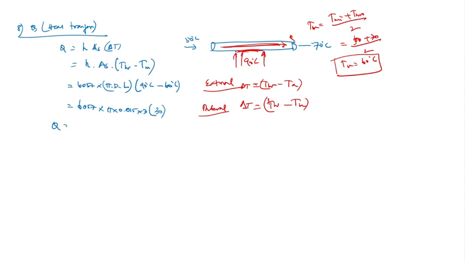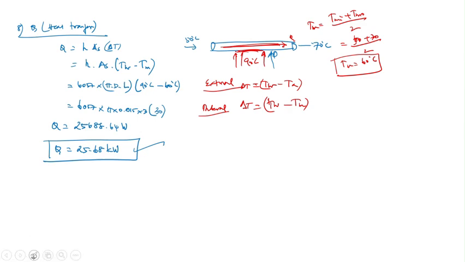After substituting values, you get the heat transfer equal to 25688.64 watt, which is 25.68 kilowatt. So 25.68 kilowatt is transferred from the pipe, where the wall temperature is 90, the entry temperature is 50 and the exit temperature is 70 degrees Celsius. This is the final heat transfer.